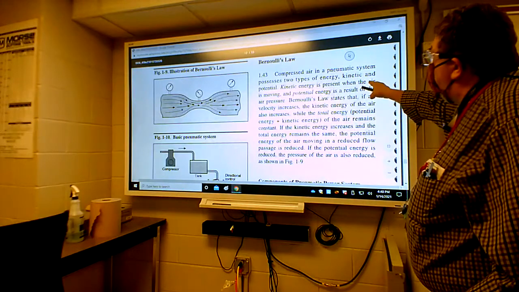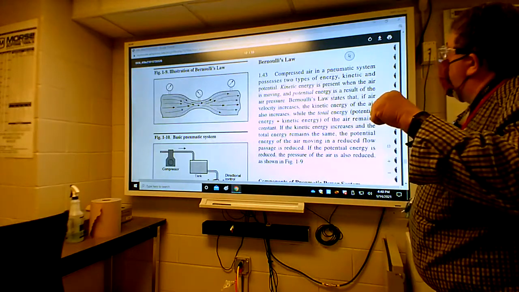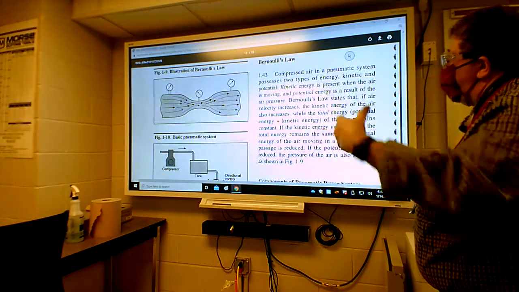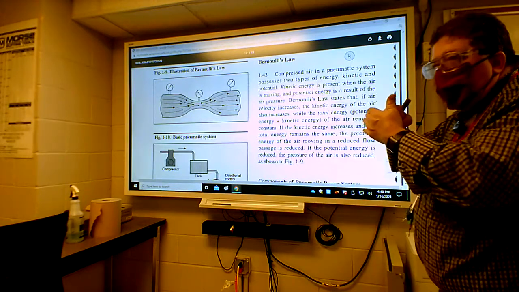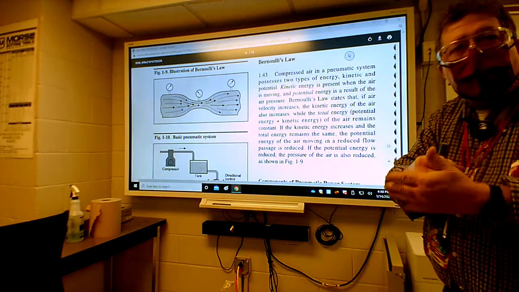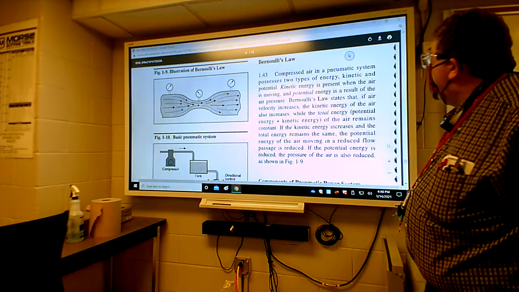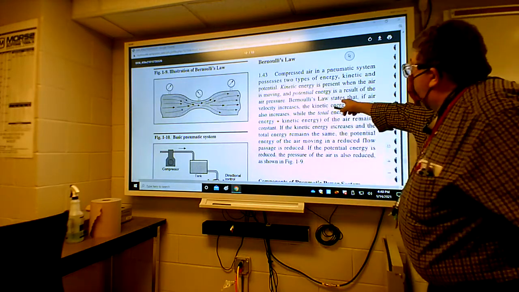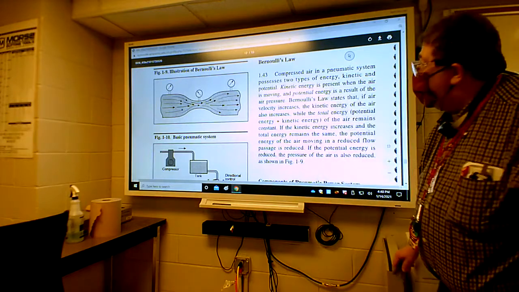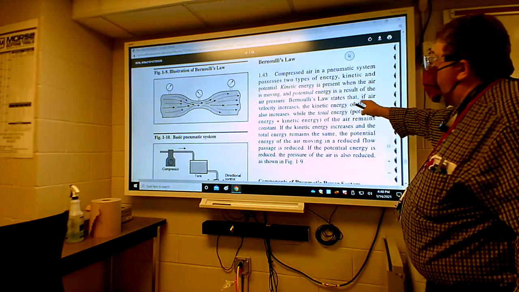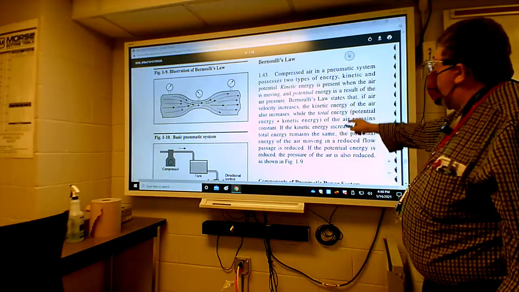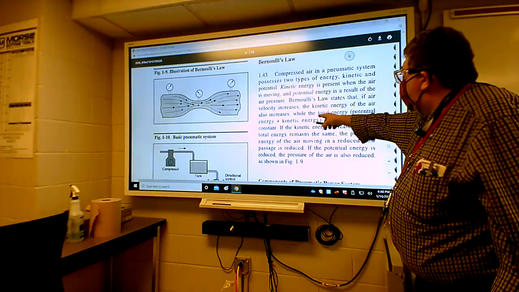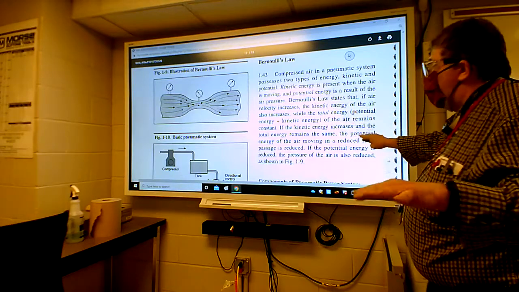Here in a pneumatic system, you have kinetic energy, which is moving, and then potential energy. If it's sitting still, potential energy is energy that's there ready to work, whereas kinetic is what's in motion. And Bernoulli has another law here: if the air velocity or speed increases, the total energy remains constant.